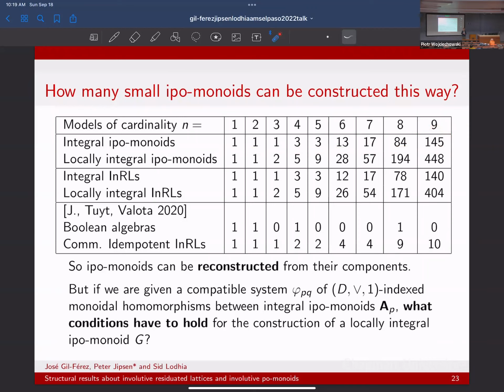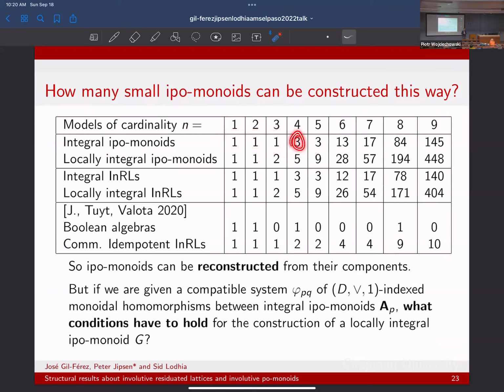But the locally integral ones, there's a lot more of them, 448. And these 448 are constructed from these smaller integral ones. And you can really figure this out almost by hand. I mean, at least up to the level of 9, I've done it by hand. These 9 are constructed from these. And these we all know very well.